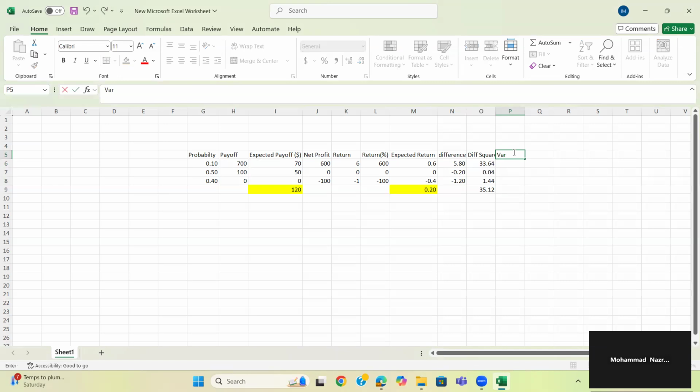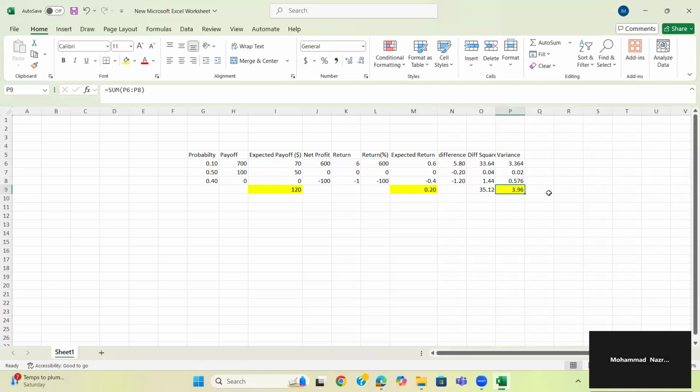So the variance should be your difference and then your associated probability, right? So 3.36, we just drag down here, make the sum, and you sum all the values here, and you get the variance 3.96.